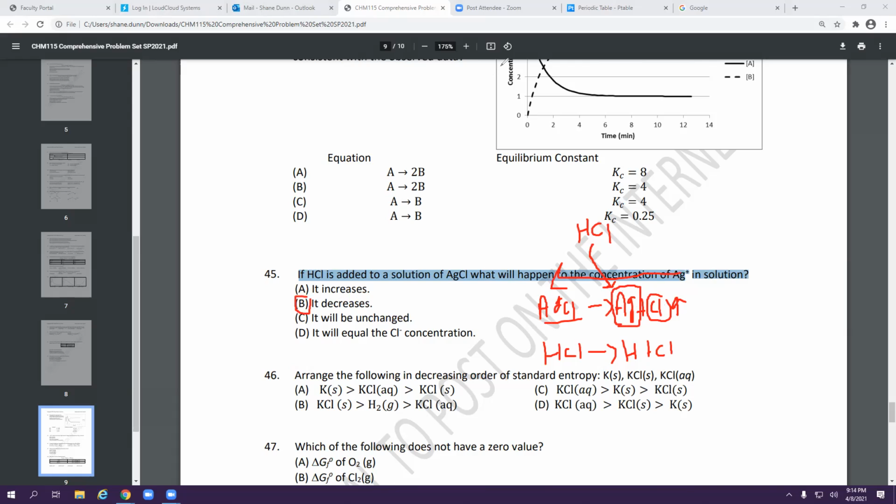Okay. I lost you along the way. So do you agree that this guy has to go down to make these guys go up? Yeah. Okay. Then it's the inverse the other way around, right? If I draw double arrows here, these are now my reactants, it's now my product, right?